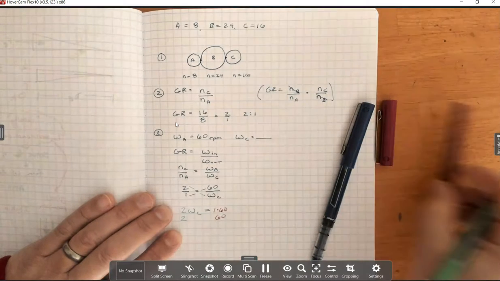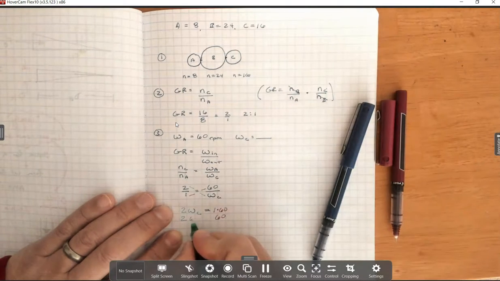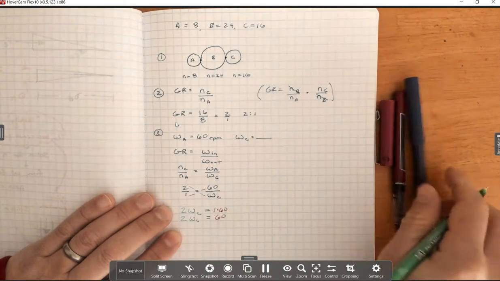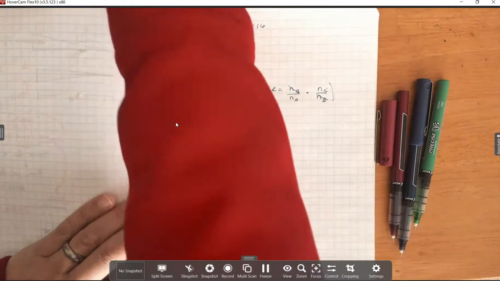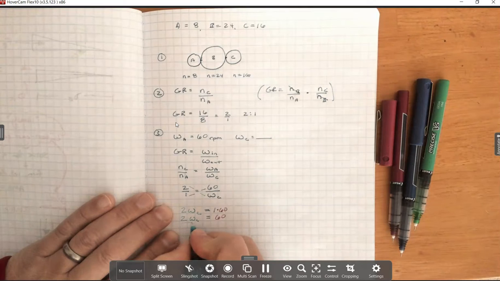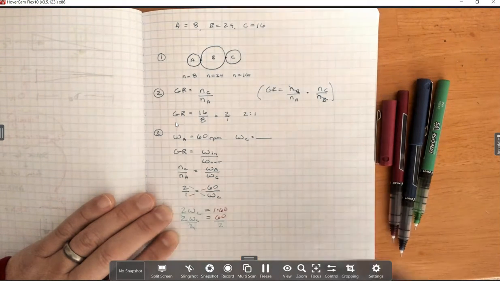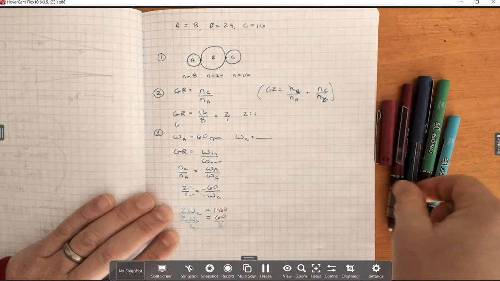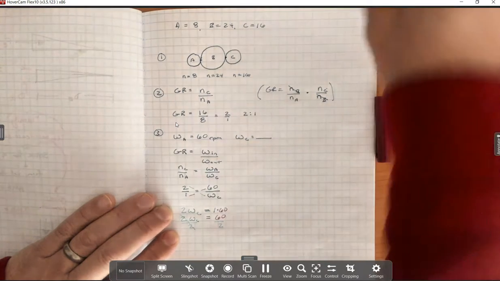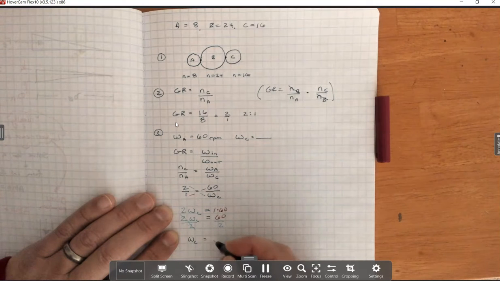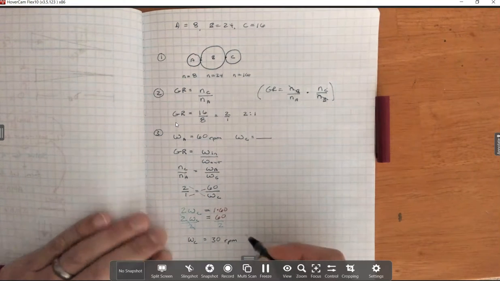We need to solve for the angular velocity at C, so we need to get rid of that factor of 2 by dividing both sides of our equation by 2. That cancels out the factor of 2, and we get our final answer. The angular velocity of C, 60 divided by 2, is 30, and the units are RPMs.